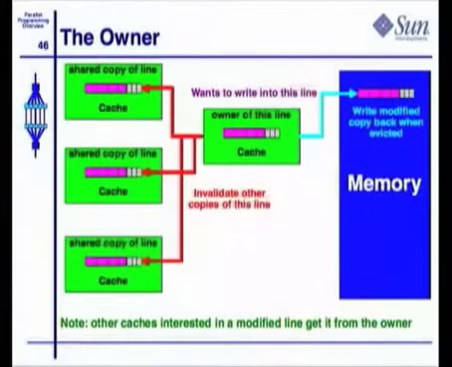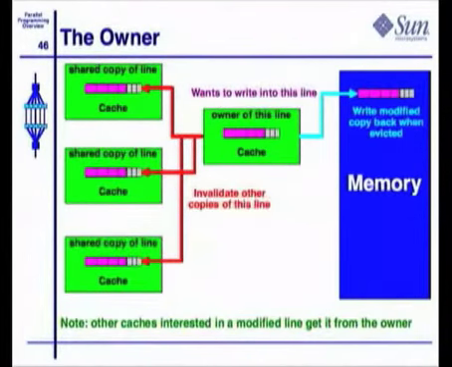When implementing this, there's a notion of ownership of a line. If you want to build this and make it practically useful, you've got to make choices like this. And one of them is to make one cache the owner of that line. That owner plays a critical role if I want to get to that cache line. So if I want to get a copy of that cache line, I first have to talk to the owner. The owner may have handed out additional copies to other caches in the system.